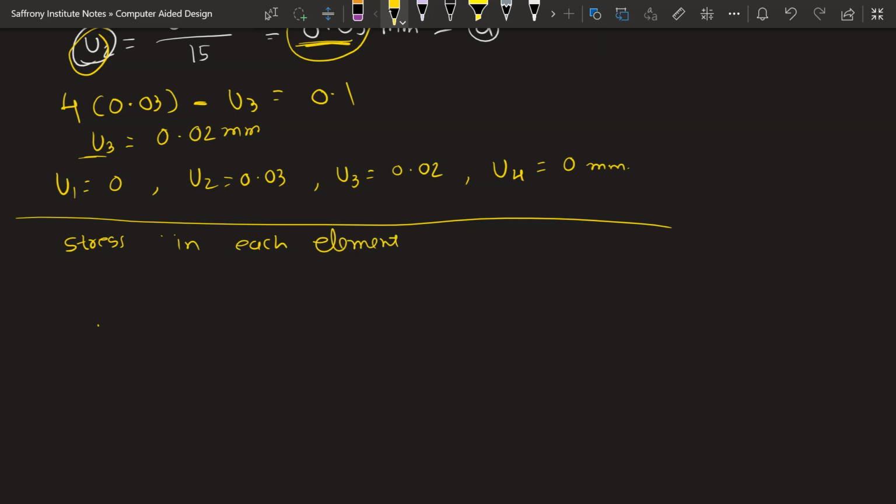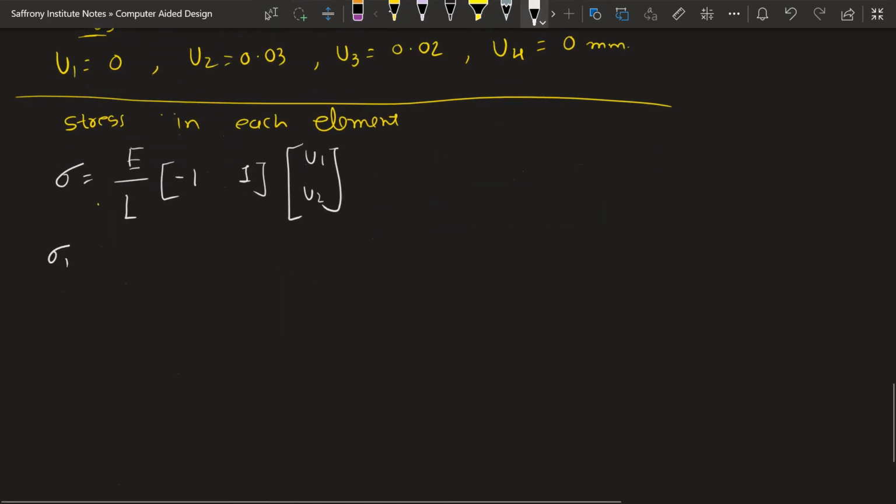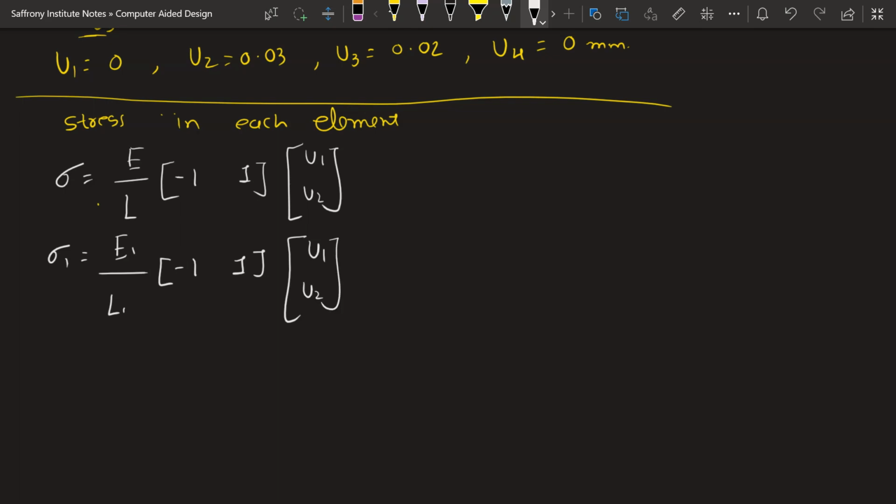For that there is one very simple standard equation: sigma is equal to E by L into [minus 1, 1] multiplied by [U1, U2]. So this is the standard equation. Similarly, we can write for the others. Sigma 1, the stress in element 1, is E1 by L1 into [minus 1, 1] with U1 and U2.